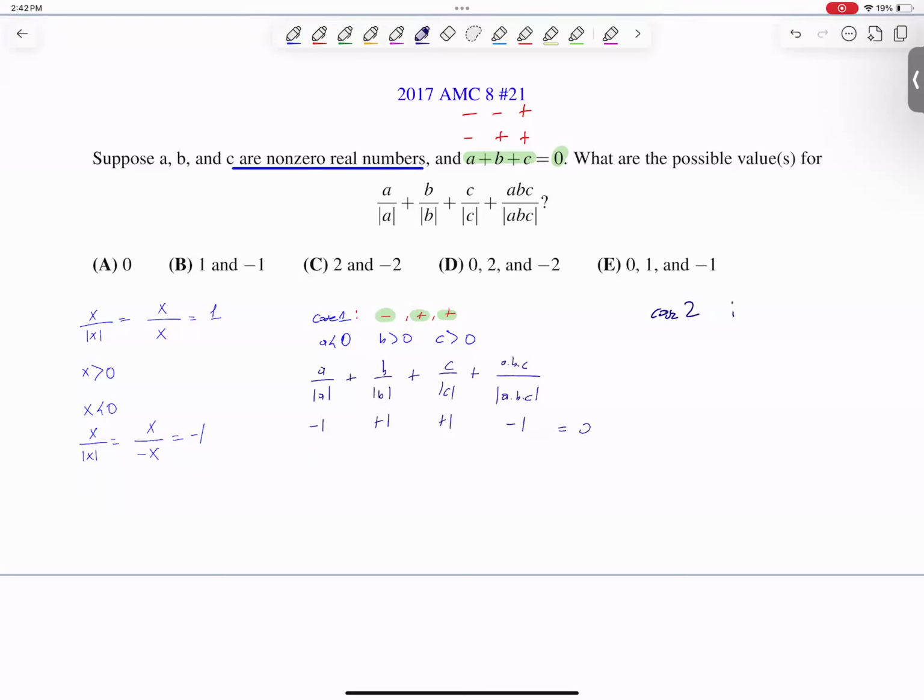Case 2, we have two negatives and one positive. Let's say again, A is less than 0, B is less than 0, and C is greater than 0.